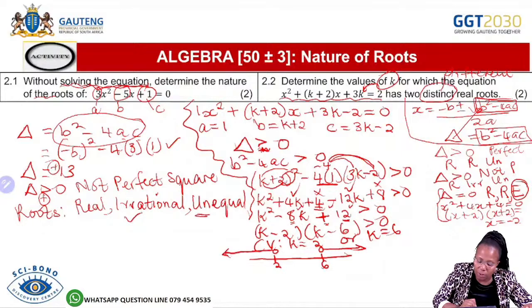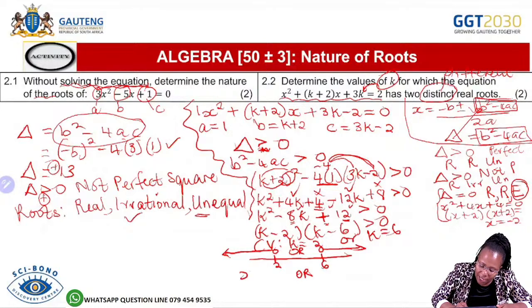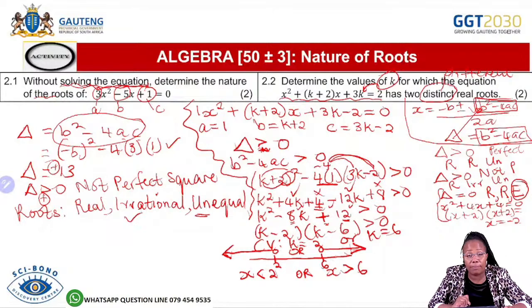If there's a space in between, remember your solution will be separated with an or. So the first value, check the arrow, it is less than 2, or k is, look at the arrow going to positive infinity, greater than 6. So that is the solution for that particular problem.